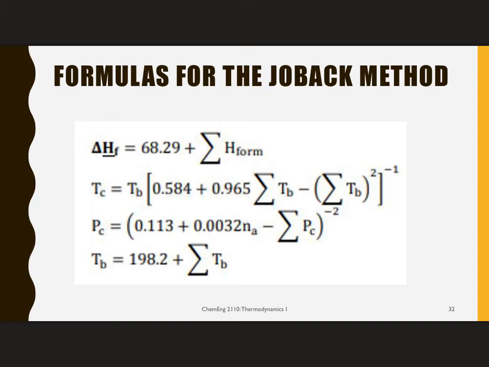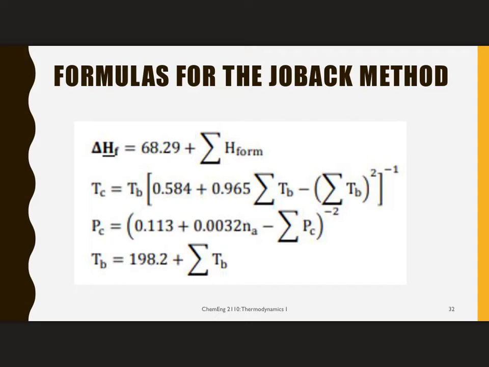And so for each of the various functional groups, if you were looking at, say, propane, it's got two CH3s, and each of those CH3s are attached to each other, and those are functional groups.